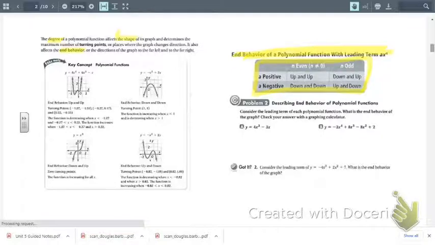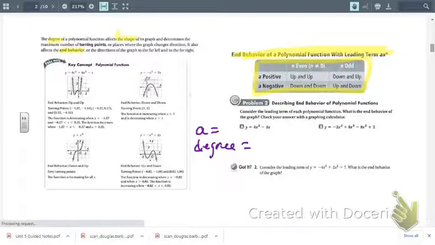of the graph? Well, for the end behavior, we need to look at two things. We need to look at our A and determine if it is positive or negative, and then we need to determine if the degree is even or odd.